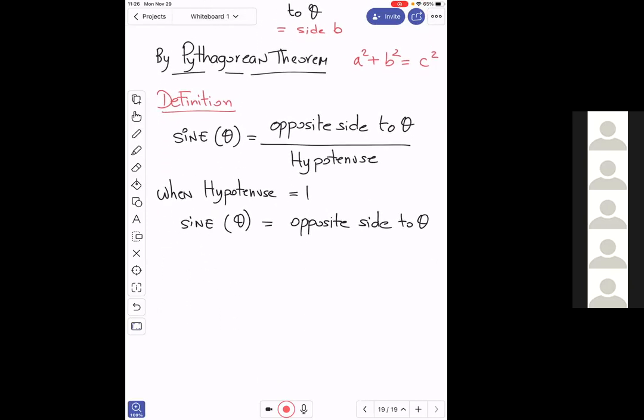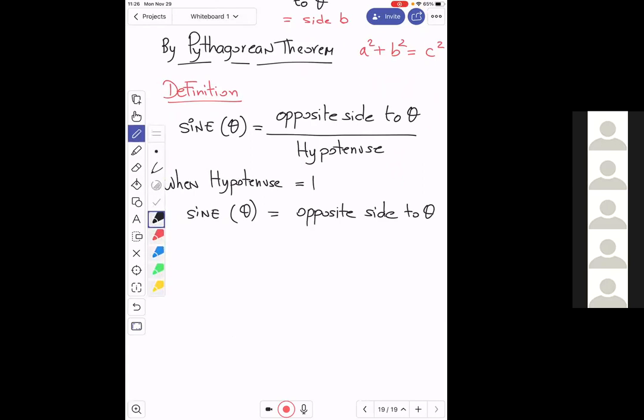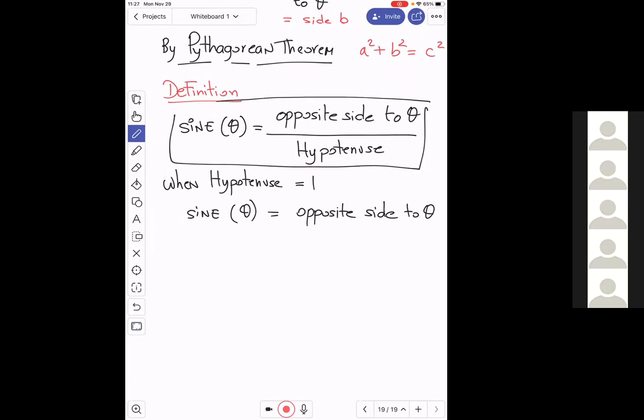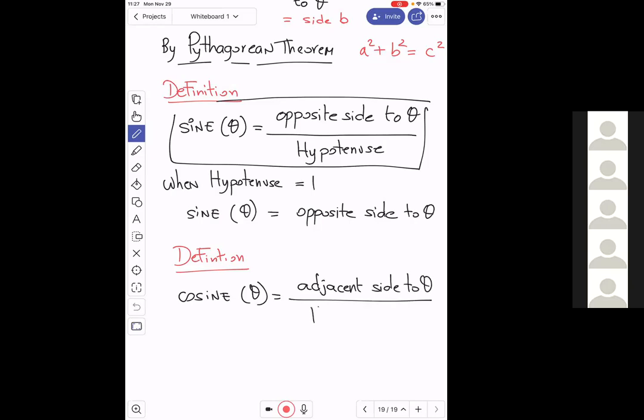Now, what about the cosine? Again, that was the definition of sine: the opposite side over the hypotenuse. For the cosine, cosine of theta is by definition the adjacent side to theta over the hypotenuse.